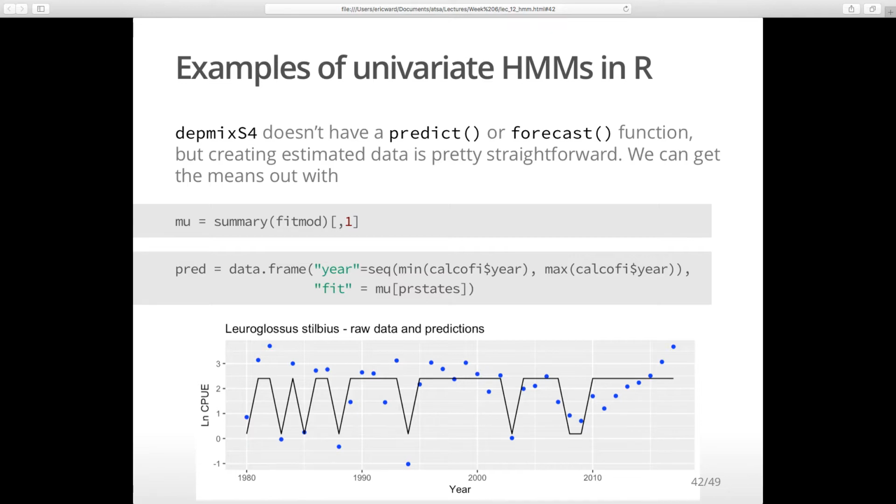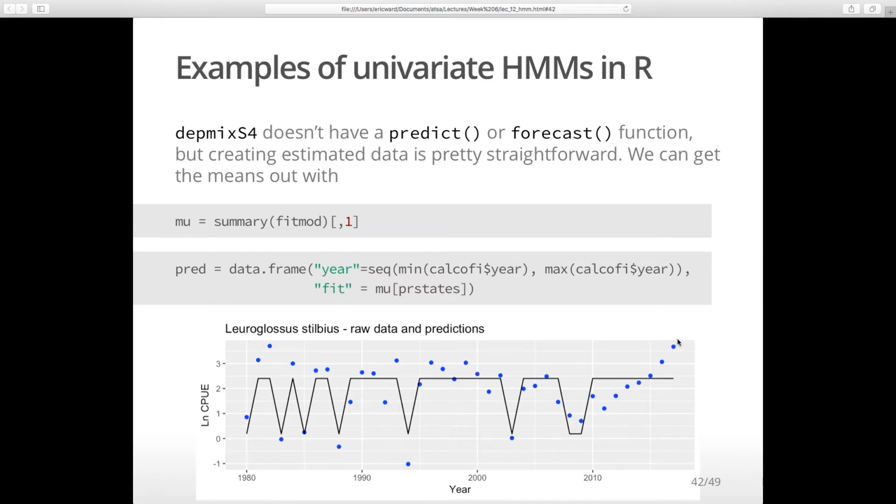Again, this is going to be more choppy and less smooth than what you would get if you fit, say, a univariate state-space model of the same data, because the HMM is clearly not capturing some of these changes that are not discrete. So the HMM will be advantageous when we're alternating between cool and warm regimes.